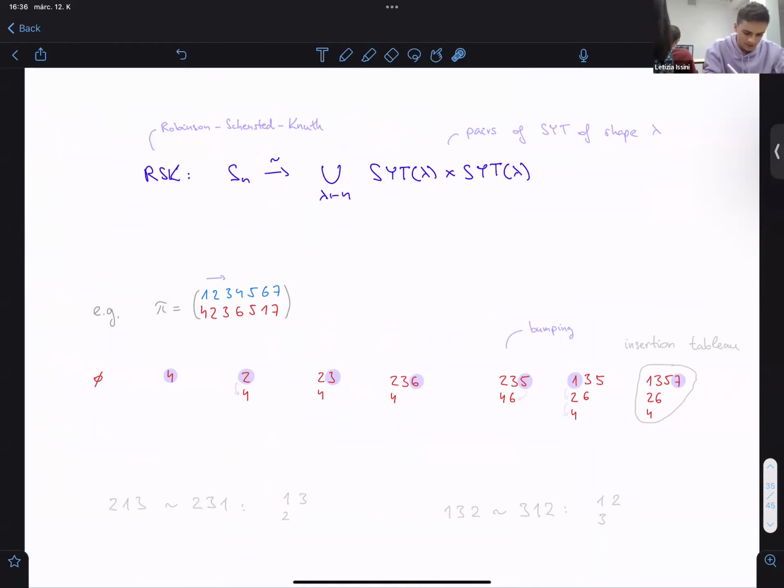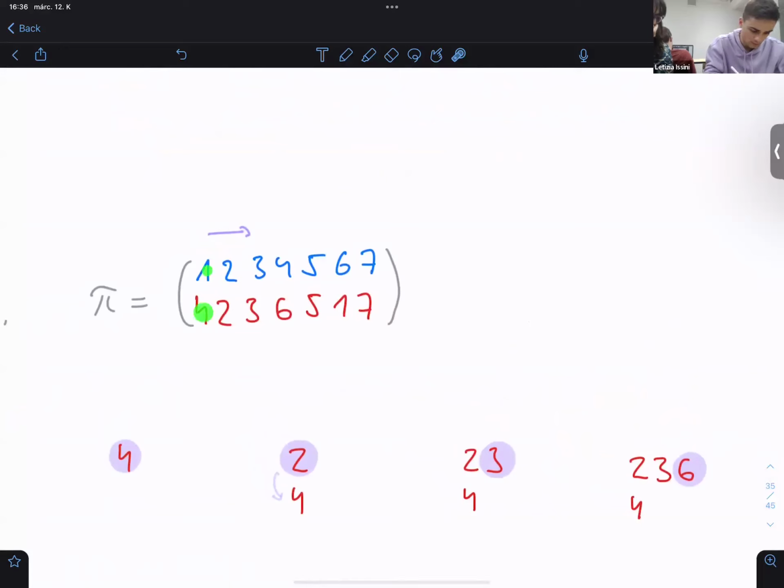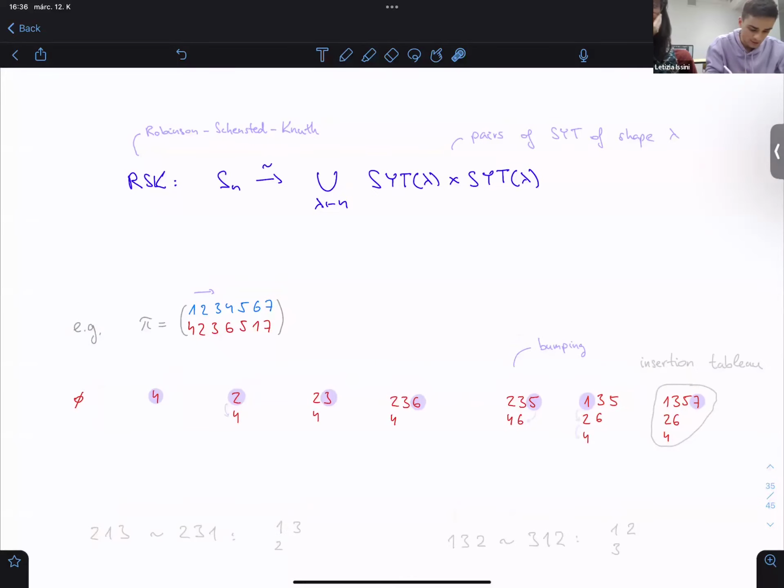So let's take a permutation pi in two-line notation, which means that 1 goes to 4, and 2 goes to 2, and 3 goes to 3, 4 goes to 6, and so on. And the first line just contains consecutive numbers. So the red line is the essential line. And we would like to construct a standard Young tableau from the red line of numbers.